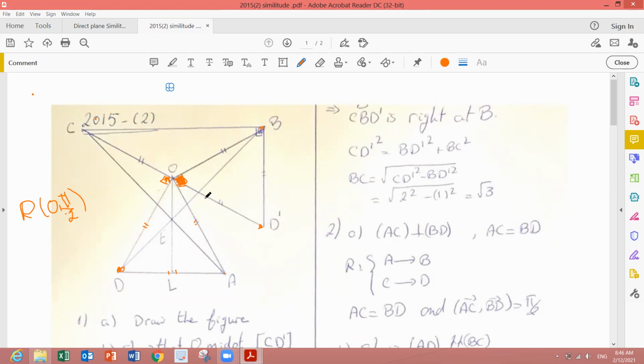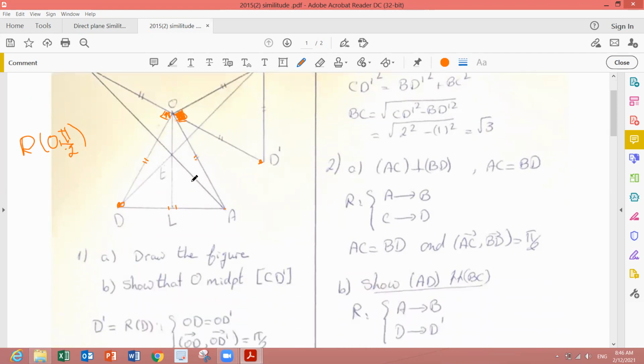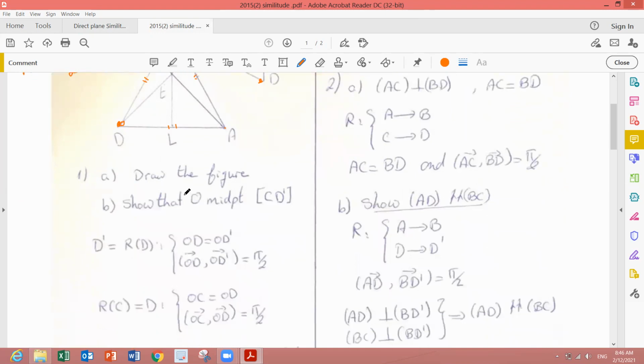Rotation keeps length. I have OC equal OD by rotation, and OD equal OD prime by rotation. So OC equals OD prime. So O is the midpoint.